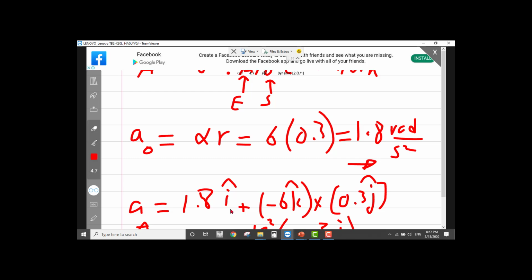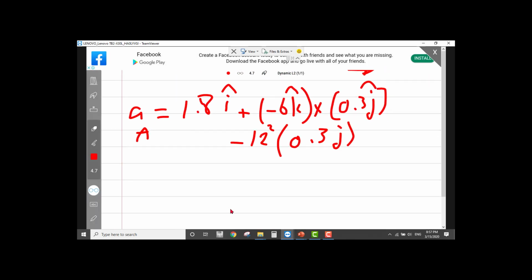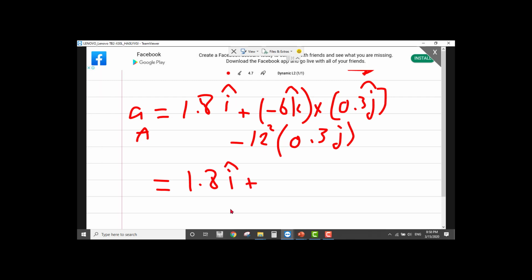So let me write it step by step. 1.8 in the I direction, and here we'll write minus right away, 0.3 multiplied by 12 squared, which equals 43.2 in the J direction.